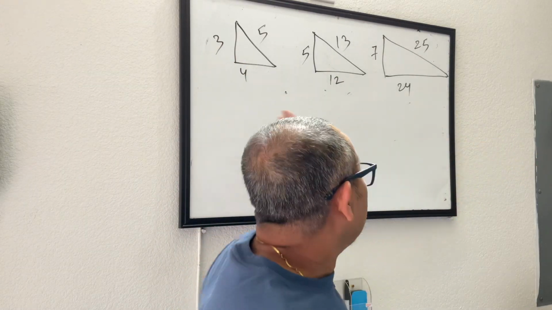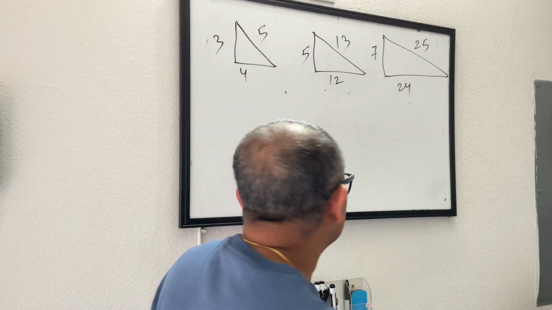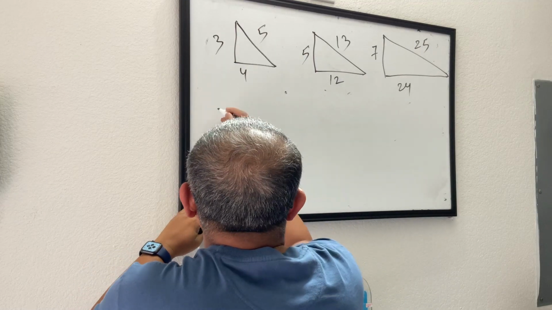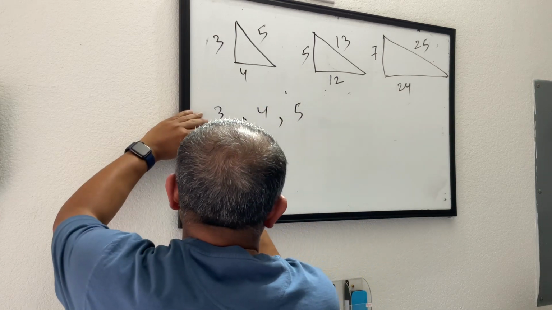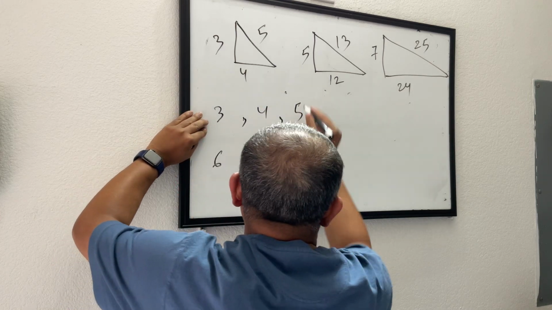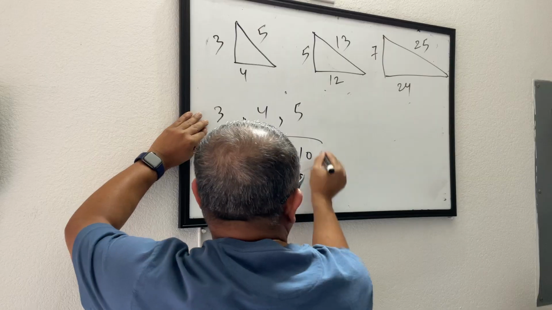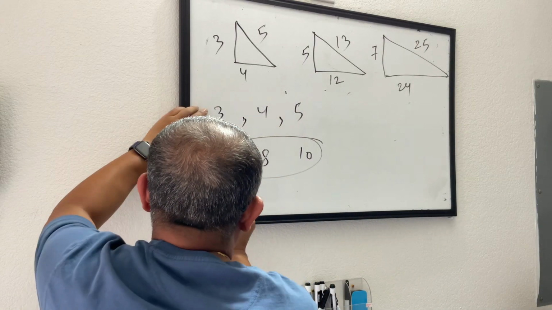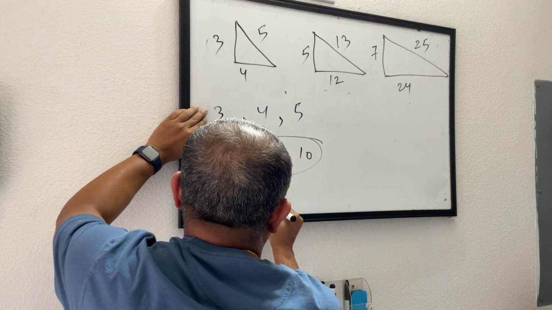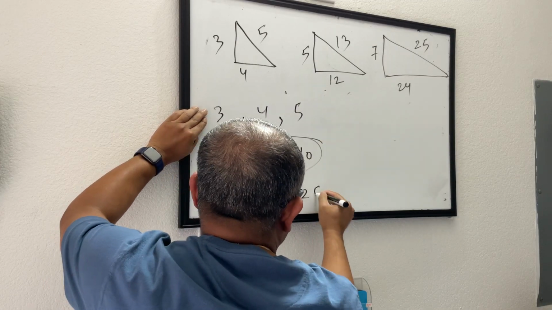Okay? There are 3 combinations. Now, what it means to us is, if you multiply this whole thing, 3, 4 and 5, by 2, so 6, 4 times 2 is 8, 5 times 2 is 10. This is also another triple. If you multiply this combination by 5, so 5 times 3 is 15, 5 times 4 is 20, 5 times 5 is 25. This is another combination.